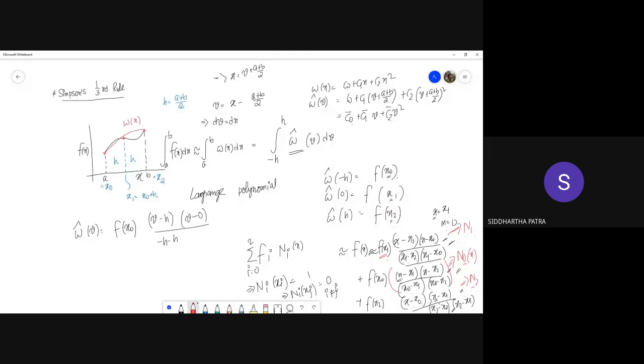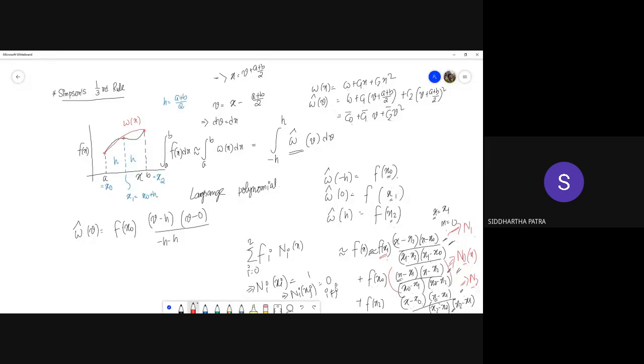We have to make a parabola. Here we are making a parabola, but this applies to polynomial of any order. But let's consider only a parabola. So we'll have to construct a parabola which satisfies the condition that at x equals x0 its value is f0, at x equals x1 its value is f1, at x equals x2 its value is f2.